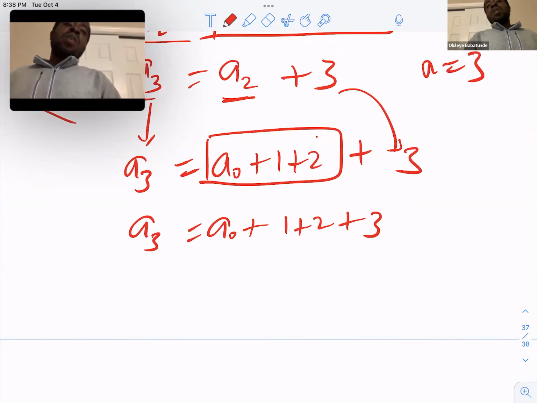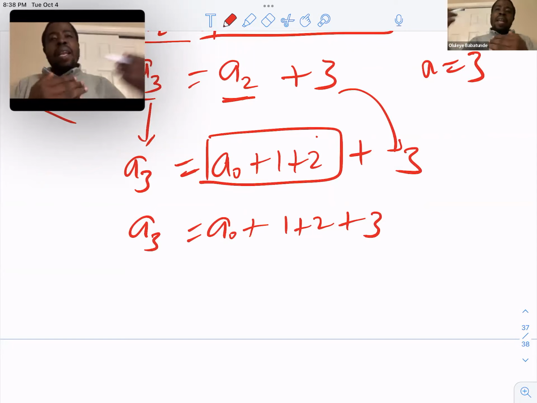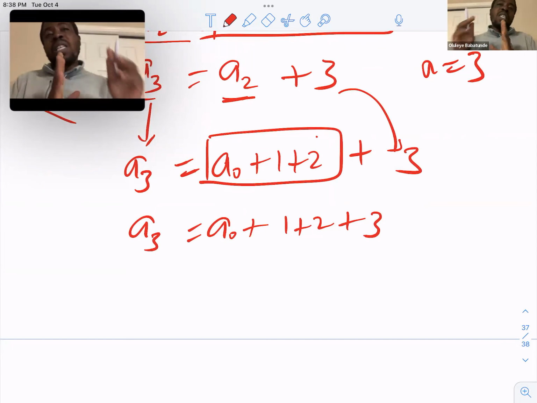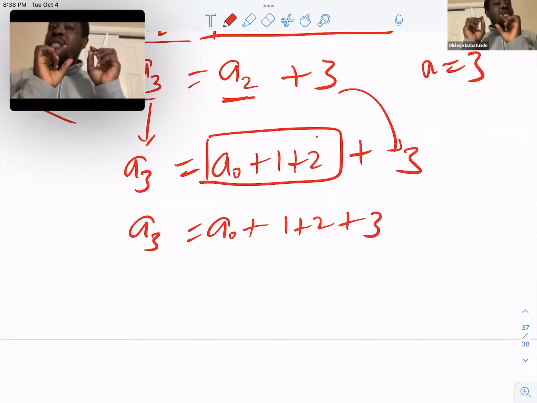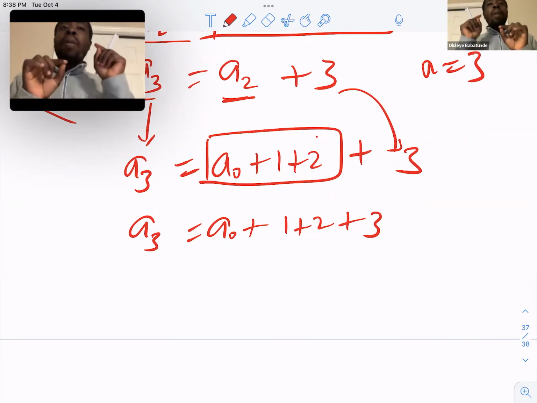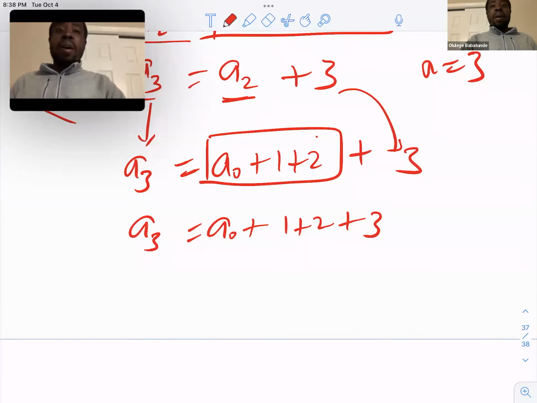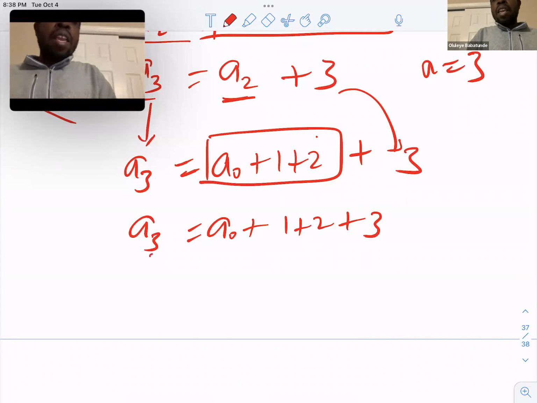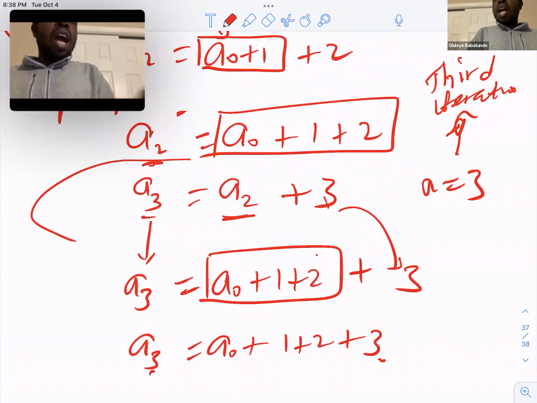Now, you are going to be defining all subsequent terms in terms of your a_0. I suggest do not plug in the value of a_0 while you are doing the iteration. It will lead to confusion. So you can see when I have 3 here, a_3, I have 3 here. When I had 2 here, I had 2 here.